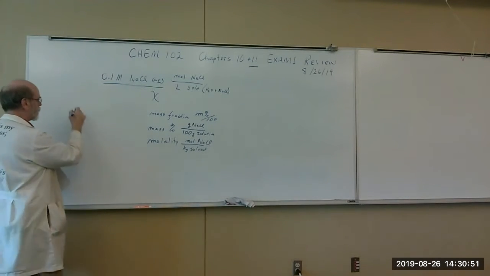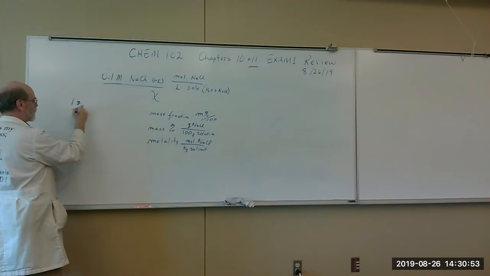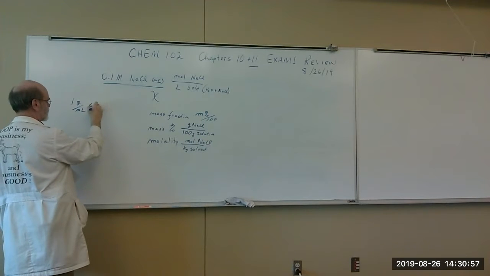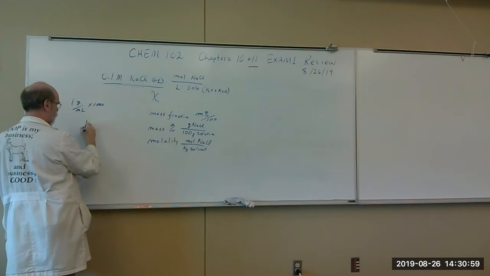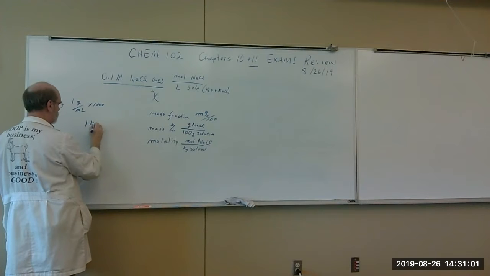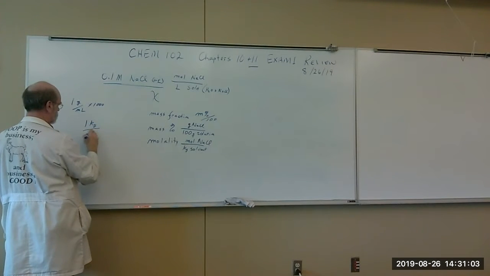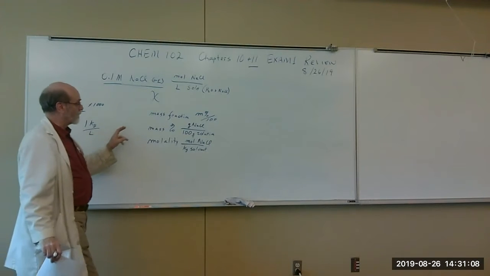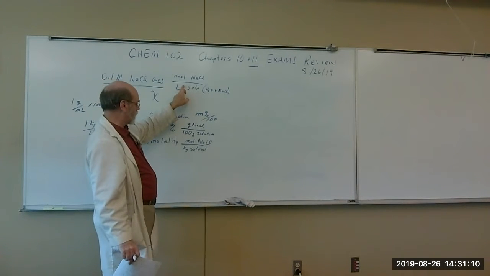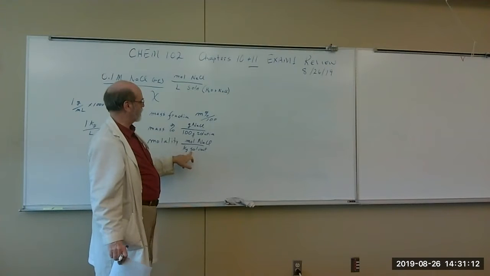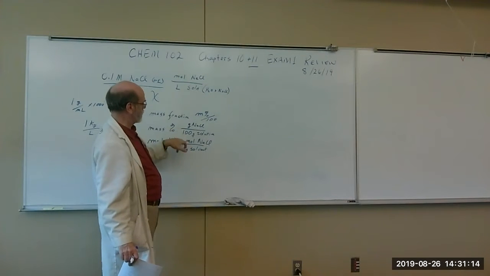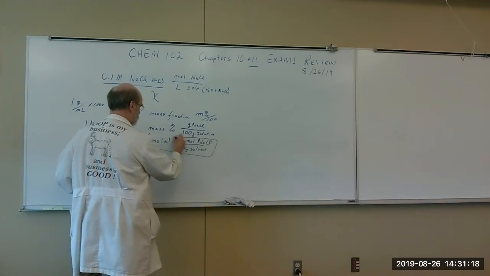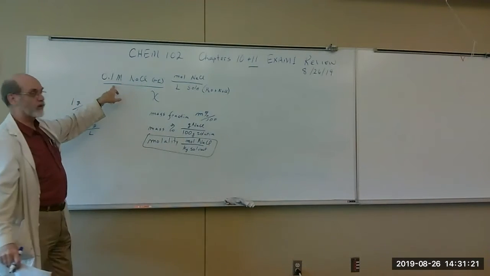And the density of water is 1 gram per milliliter, or times 1,000, 1 kilogram per liter. So if a liter weighs a kilogram, then a liter here would be approximately a kilogram there. And this doesn't change from there to there. So this one would be very close to 0.1 molar.